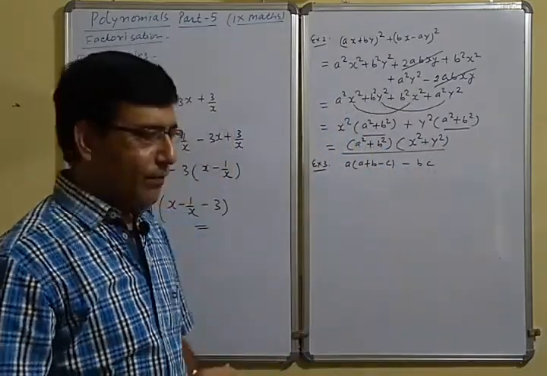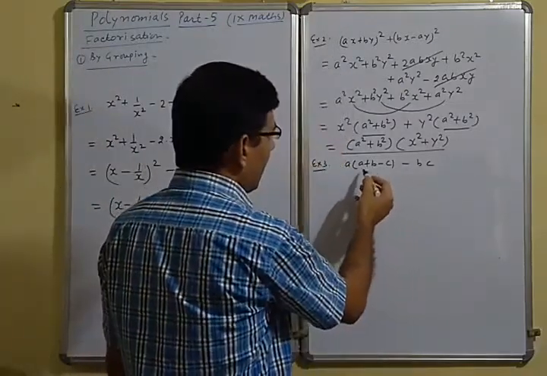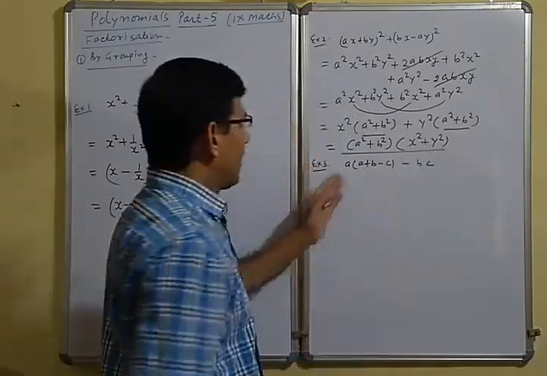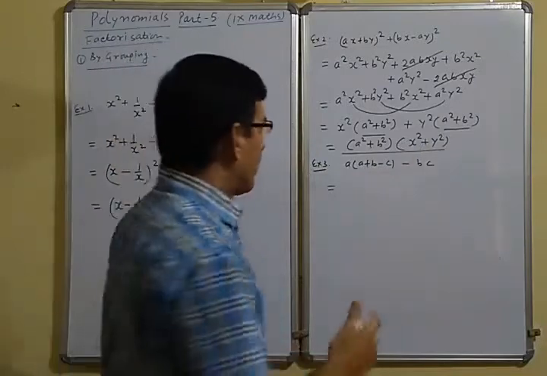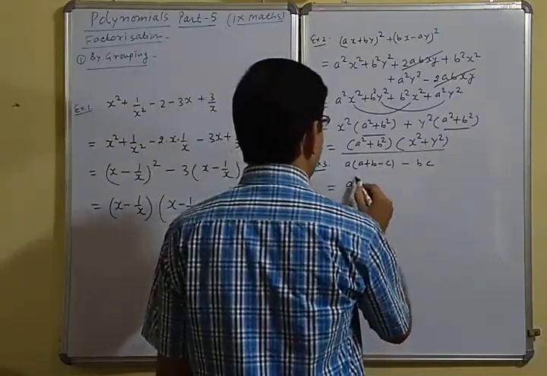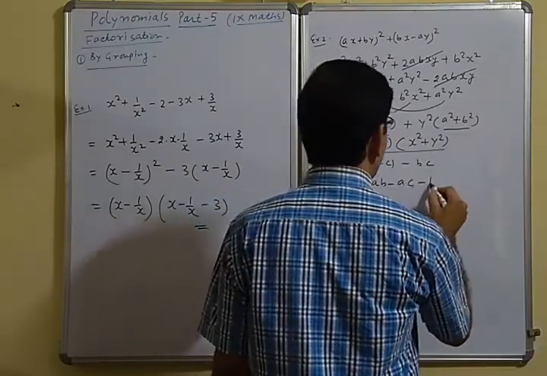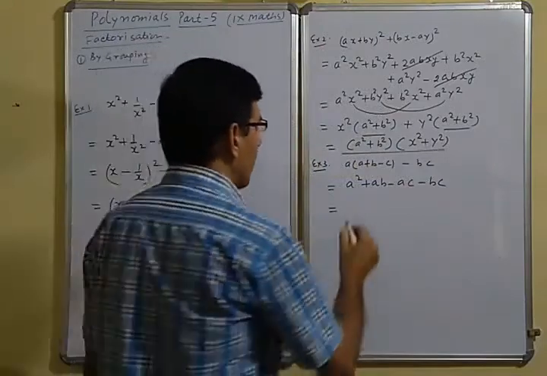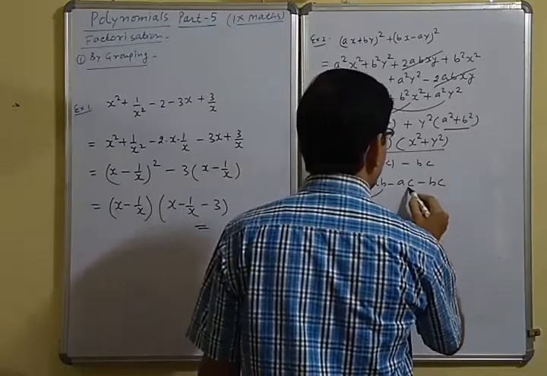Now let us see one more question: a into a plus b minus c into b, that is a(a plus b) minus bc... here again we cannot take common, so we will expand it. After expansion, we get a square plus ab minus ac minus bc. Now we take common factor a, and here c is common.